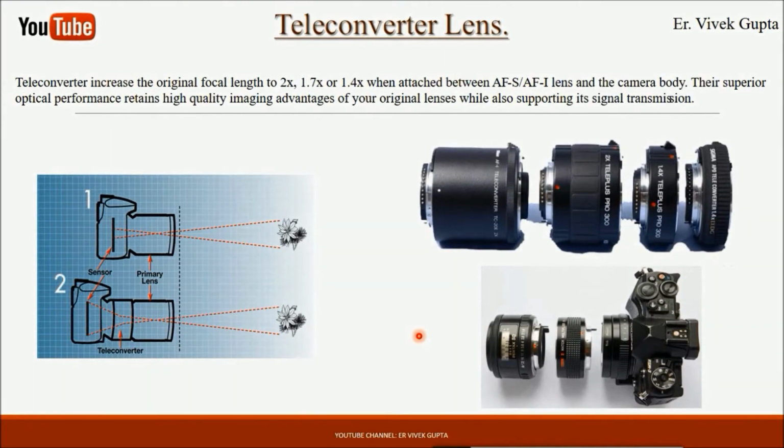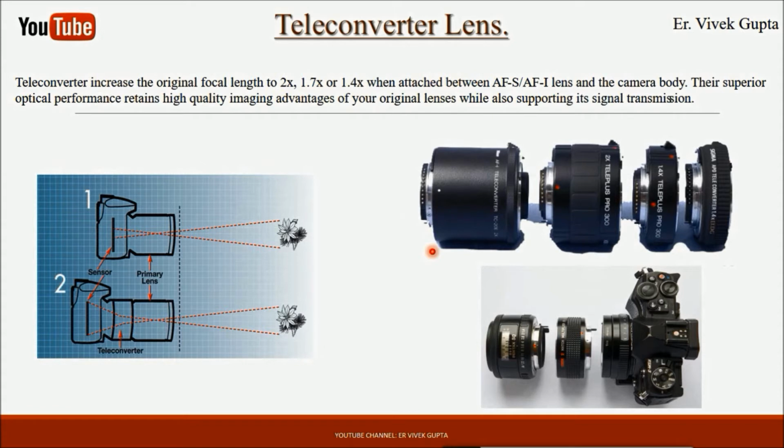Then teleconverters. These are not actually lenses, these are converters. These teleconverters are used to increase the focal length of any lens which you have. Teleconverters increase the original focal length by 2x or 1.7x or 1.4x. These are the factors.